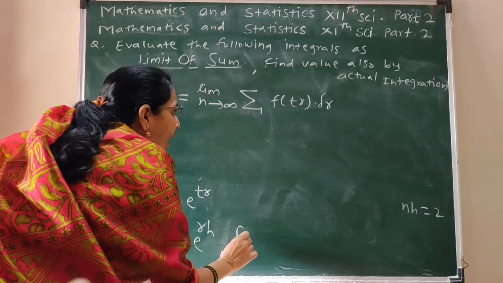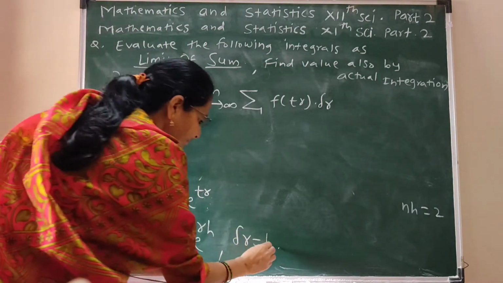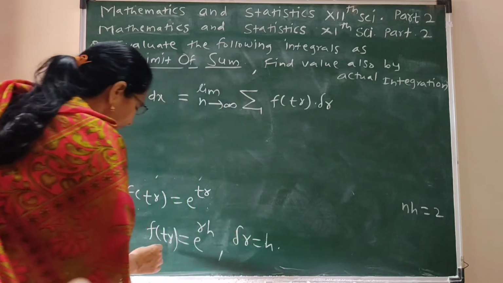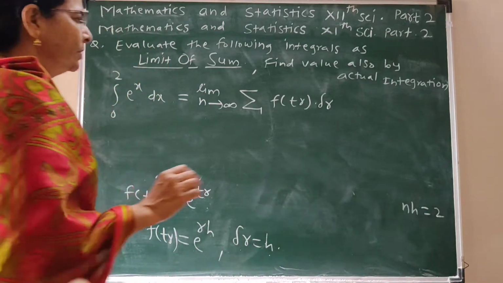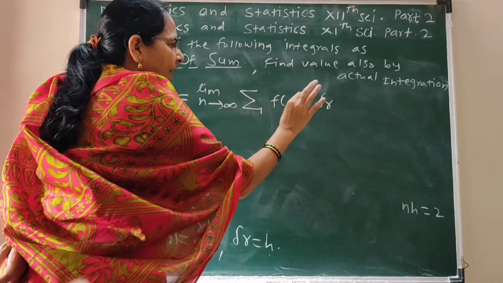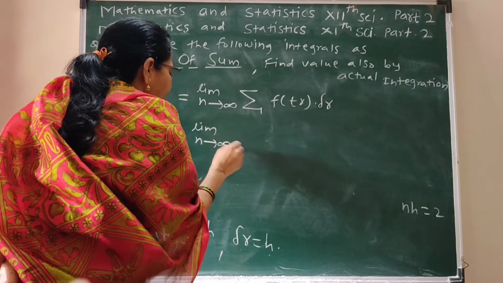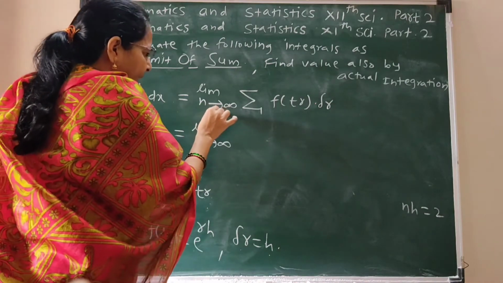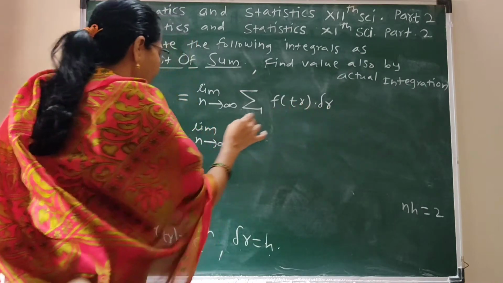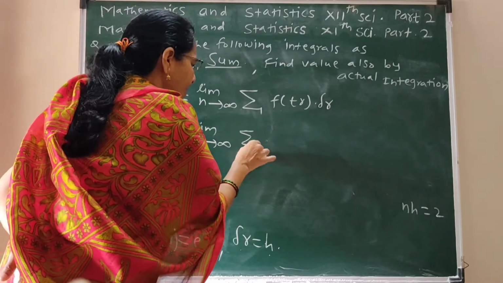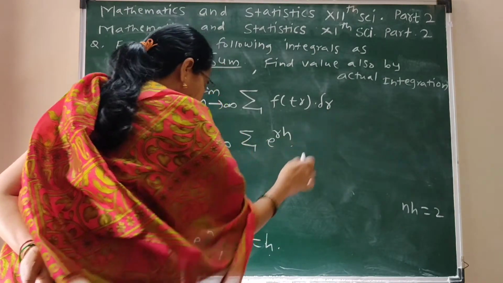Similarly, delta r is h. So this integration is the limit as n tends to infinity of the summation of f(tr) delta r, where f(tr) is e raised to rh and delta r is h.